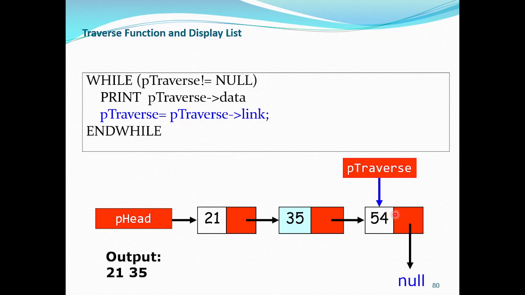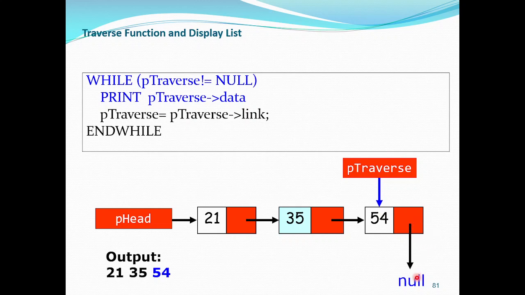Yes, true, because ptraverse points to a node. Enter the while loop, and it will display the ptraverse data. Now the ptraverse data is 54. It will print 54.